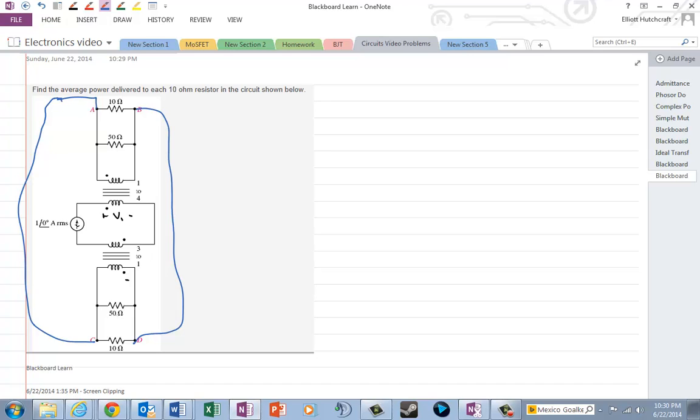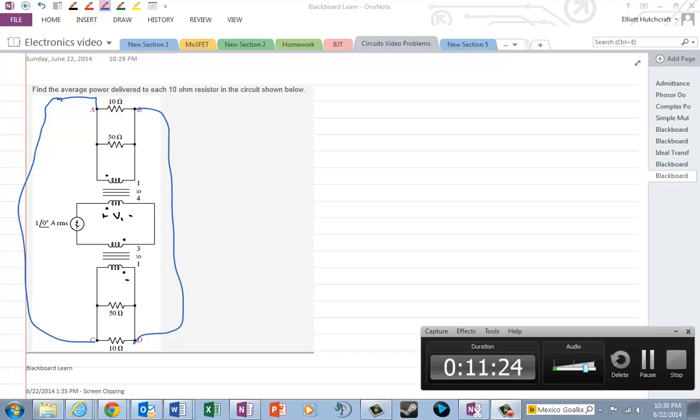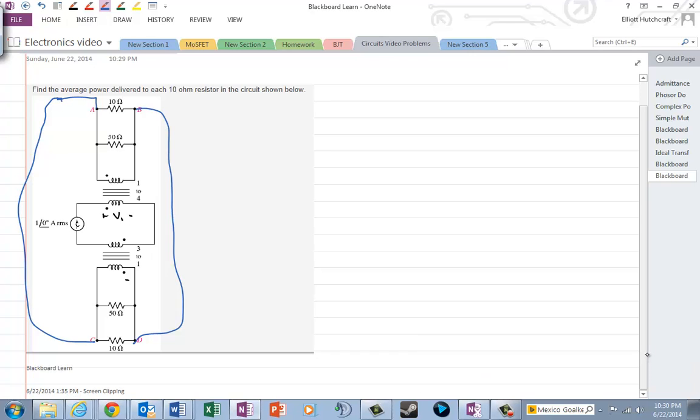Okay, so let's see if we can work the problem this way. Well, one thing we should realize first is about the ideal transformers. Remember, the ideal transformers are expecting the voltages.